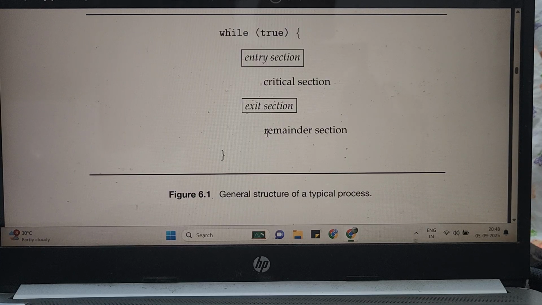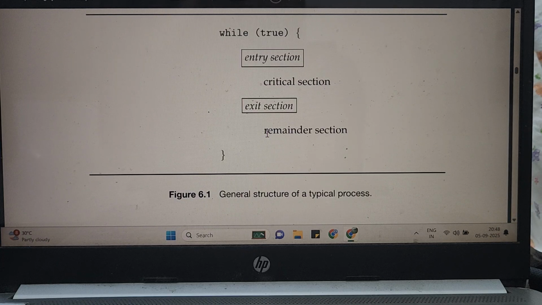If you have more than one process which works with the same piece of data, at most one of them should be allowed to execute their critical section at a time, so that once this one has finished writing, only then the next one writes. So it almost becomes like a serial execution.